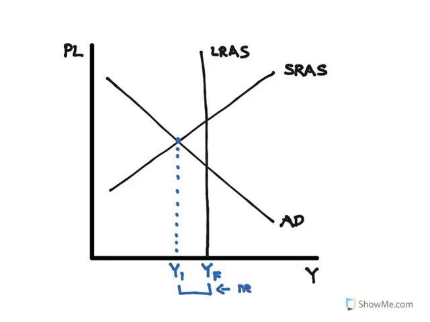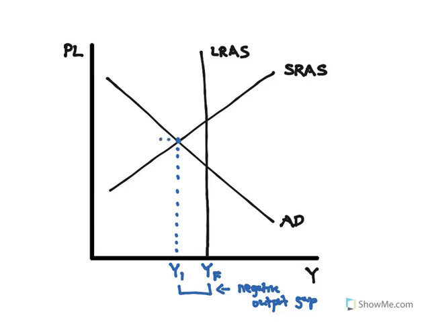This is the negative output gap. So the economy is producing a GDP that is less than full employment output. We have a higher unemployment rate than the natural rate, and yes, we have less inflation than we would at full employment.